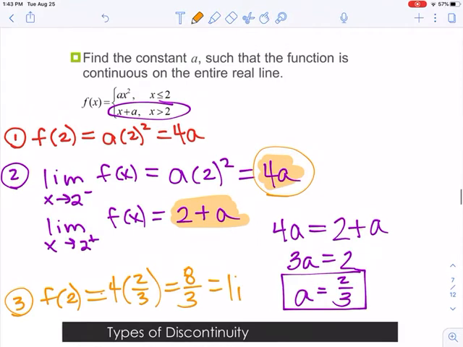And if we look at our limit from the left, it would be 8/3. And our limit from the right would be 8/3. So a equals 2/3 is going to give us our continuity.